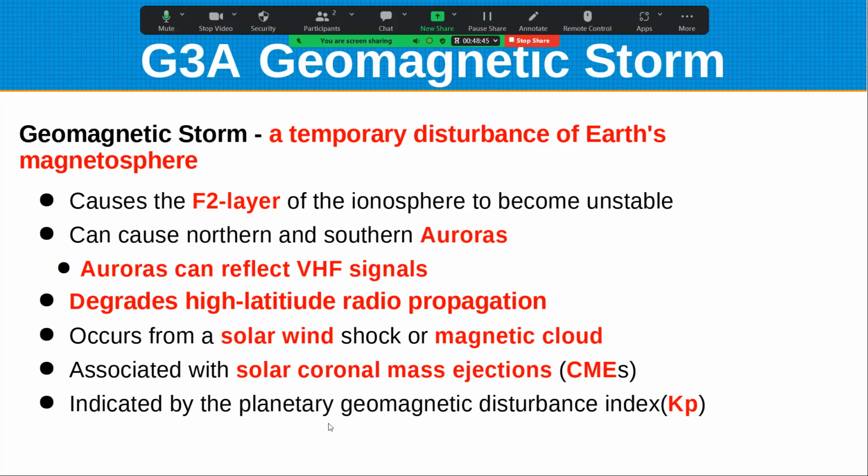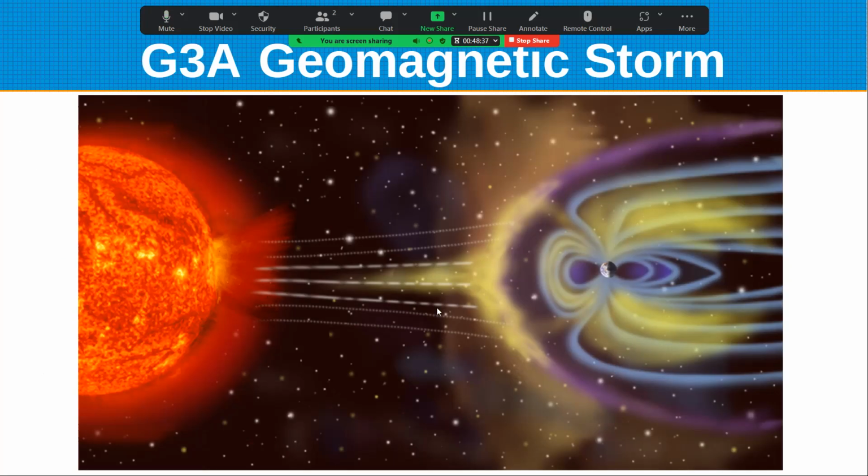And it'll show up in the Kp index, which is an average of the K index. There's a little graphic showing an ejection coming and hitting the magnetosphere and how it really kind of disturbs it.